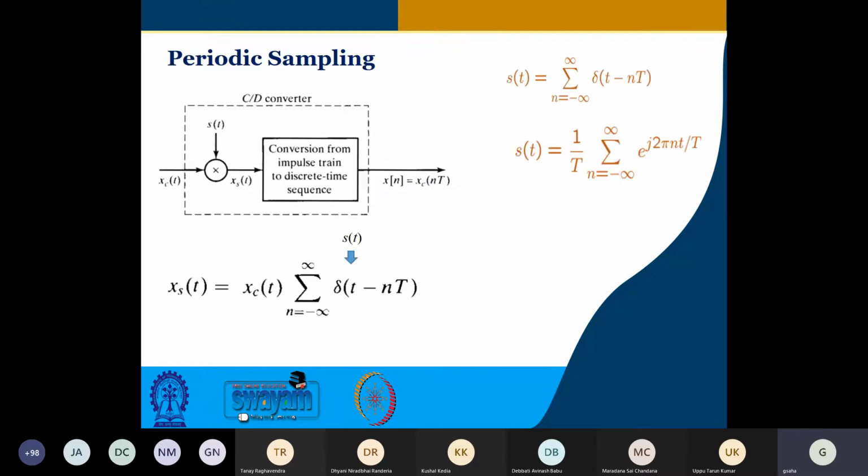Okay. So we had seen the periodic sampling, the basic concept, and the sampled signal over here we designated as x subscript s of t, where the continuous signal is x_c(t), right? And this is the sampler, every capital T instant, we are taking one sample.